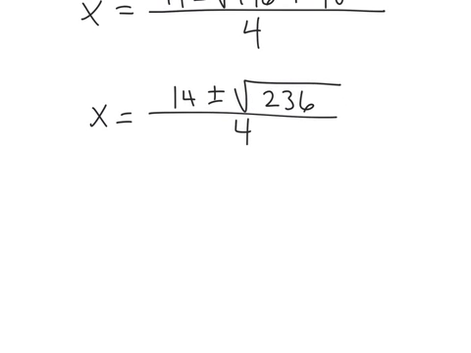Continuing to simplify, x is equal to 14 plus or minus. Now we need to go on scratch paper and see if we can simplify the square root of 236.